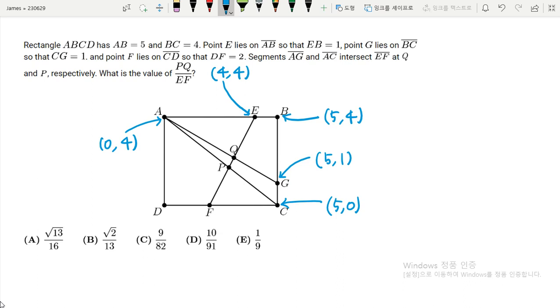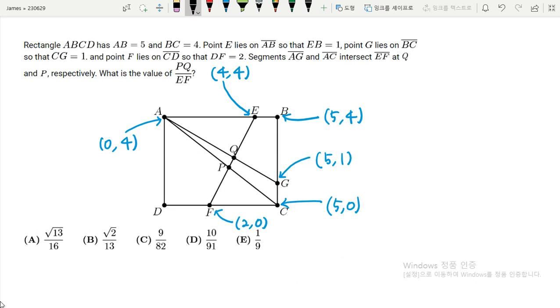And point F lies on CD, and DF is 2. So what's the coordinate for F? So 2 and 0. And segment AG and segment AC. Yeah, and then let's make the equation for the line for segment AG.